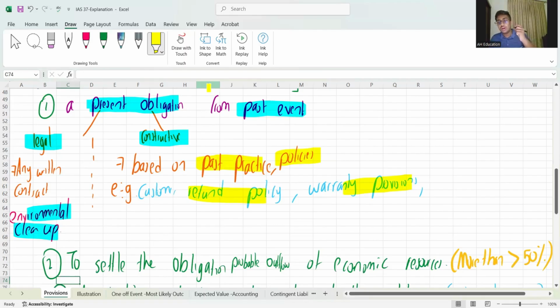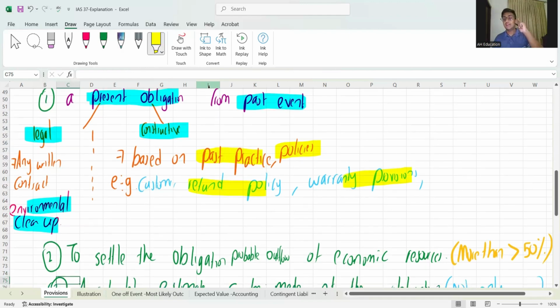The warranties and refund policies the company gives are based on their past business practices. Okay, because they gave last year, they created a constructive obligation for the customers. Because of that, this year also, there is a tendency that customers would come and ask for the same warranty, for the same cash refund policy. Okay, so that is condition number one.